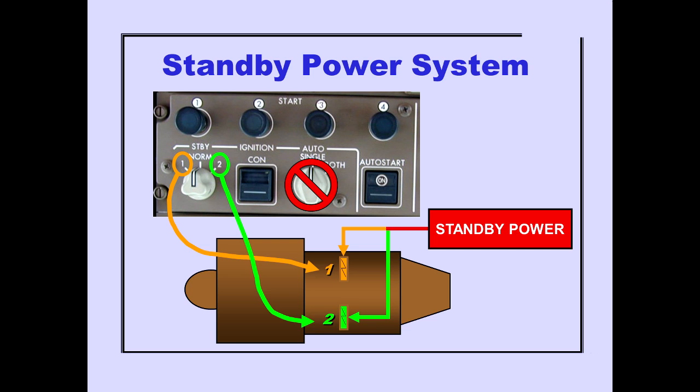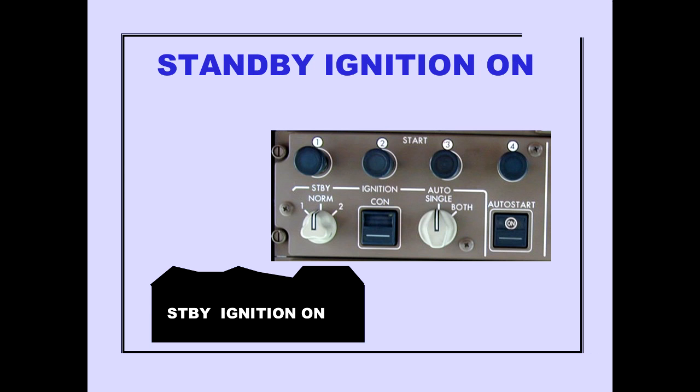The standby power system supplies power continuously to the igniter. The EICAS Memo message, Standby Ignition On, is displayed when the standby ignition selector is rotated to 1 or 2.